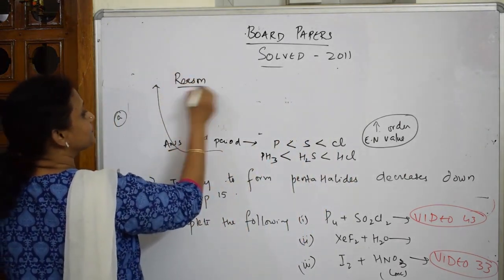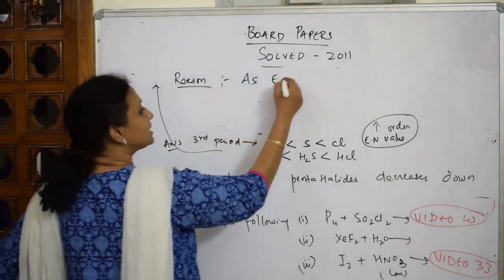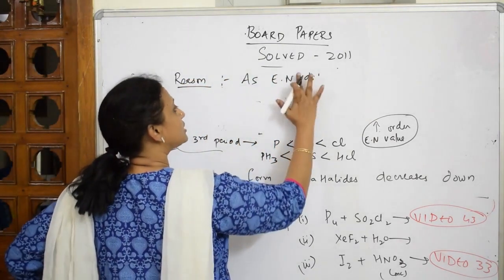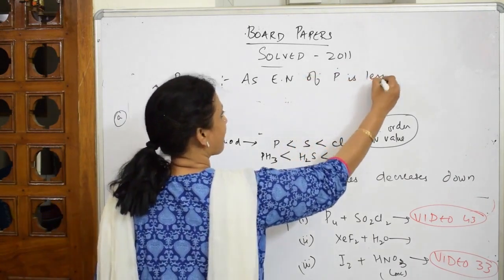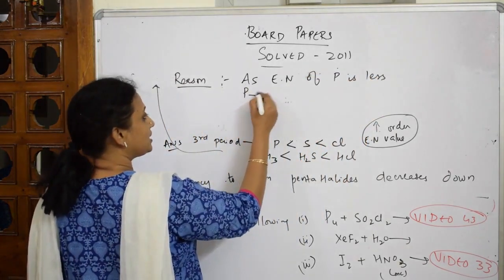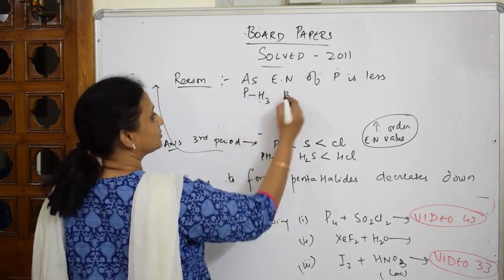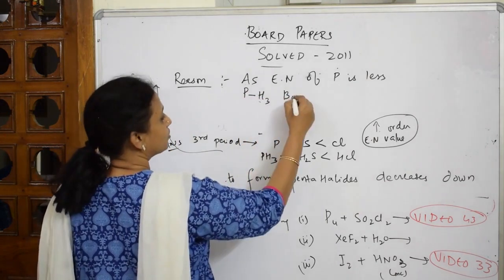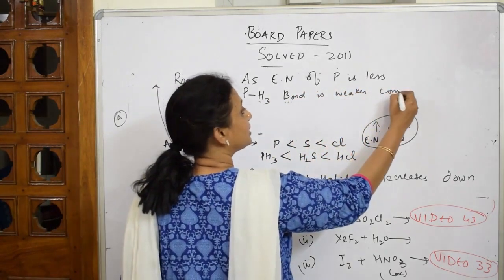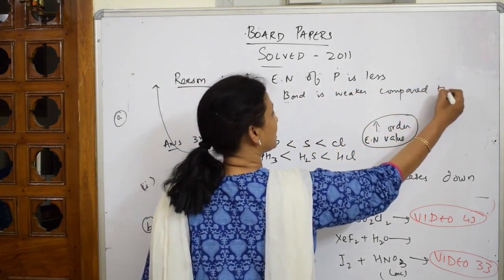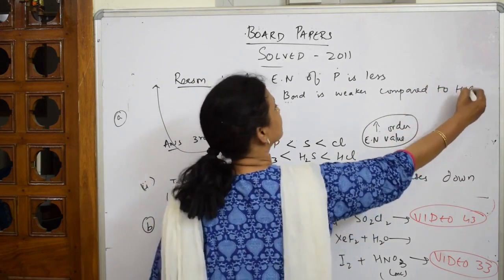What is the reason? As electronegativity of phosphorus is less, the P-H bond is weaker compared to H-Cl.